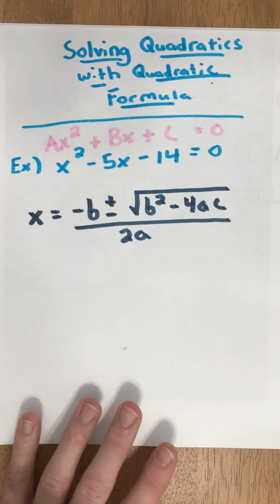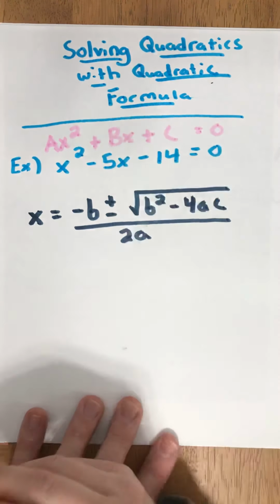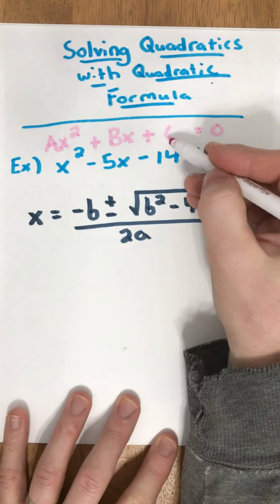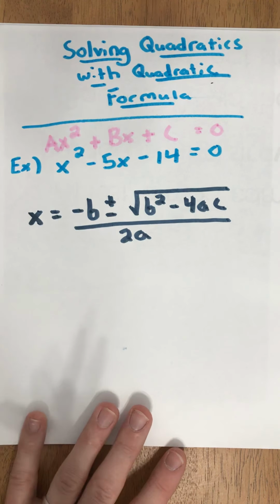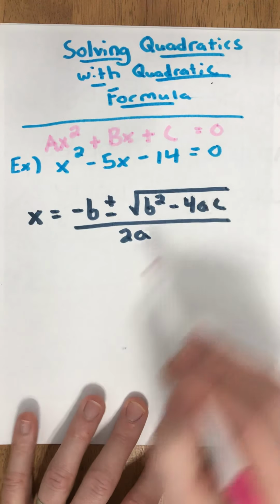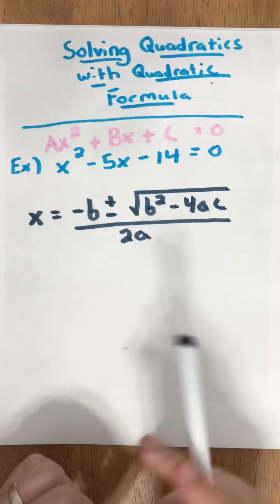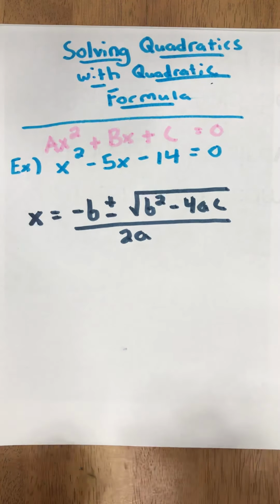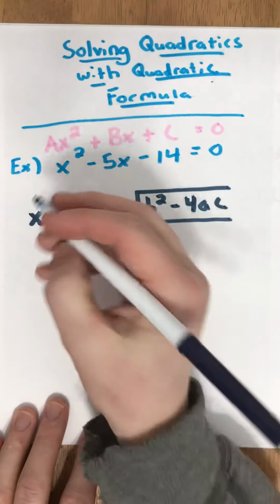So in this case, hopefully you can see my a is going to be 1, my b is going to be negative 5, and my c is going to be negative 14. So what we're going to do here is essentially just substitute those values into this formula. Now this formula is a little bit long here. You do not have to memorize this formula. It will be given to you, although I think many of you will have this memorized by the end.